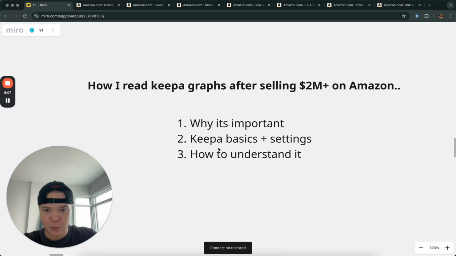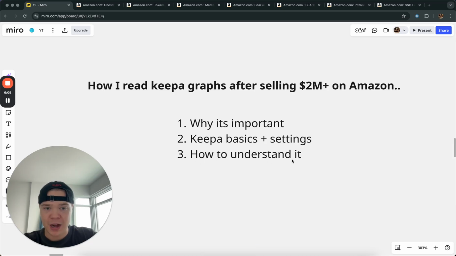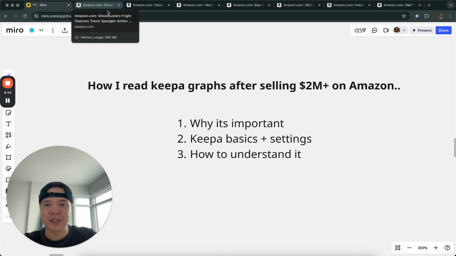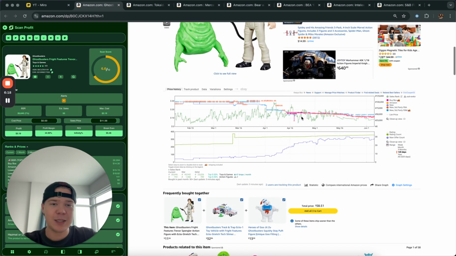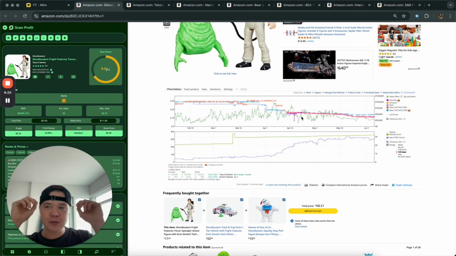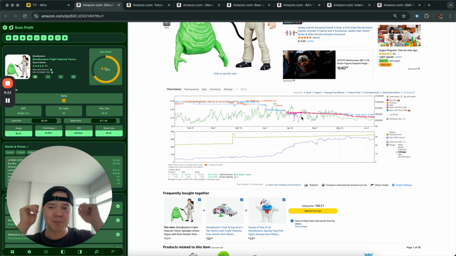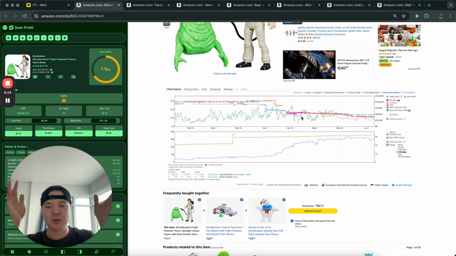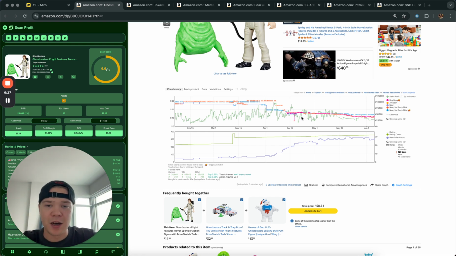Now, we'll talk about how to understand it and what's going on with that. Just so you guys know, I didn't really touch on why it's very important, but the reason Keepa is so important is because Keepa is going to help you prevent buying bad products, okay? I feel like most of you guys are starting to know this by now, especially if you've been watching my videos for a while.